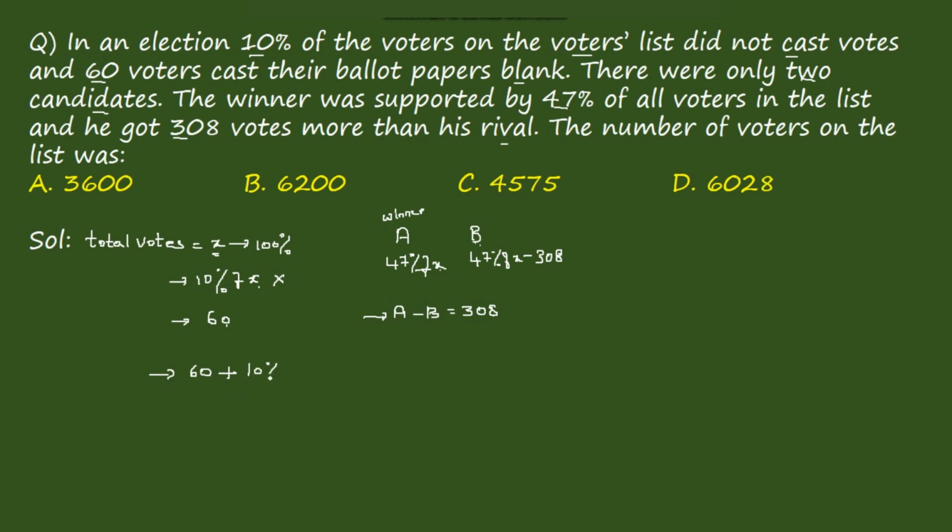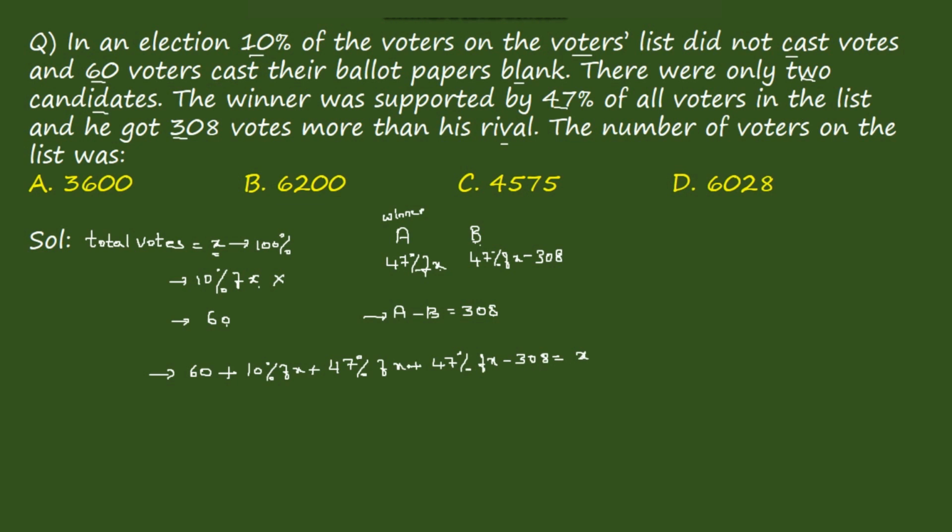So 10% of x plus the other two given to A and B, 47% of x plus 47% of x minus 308, is the total votes x.